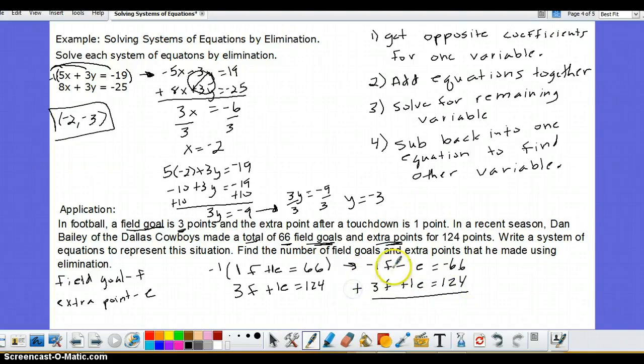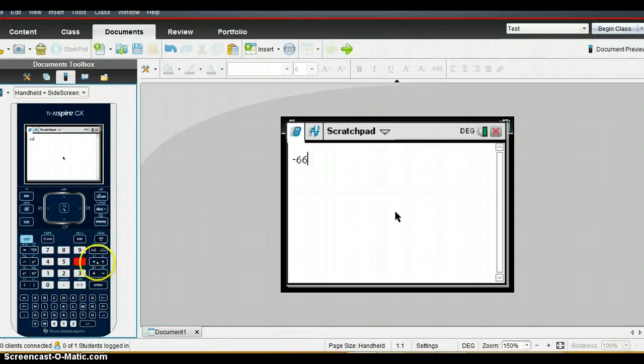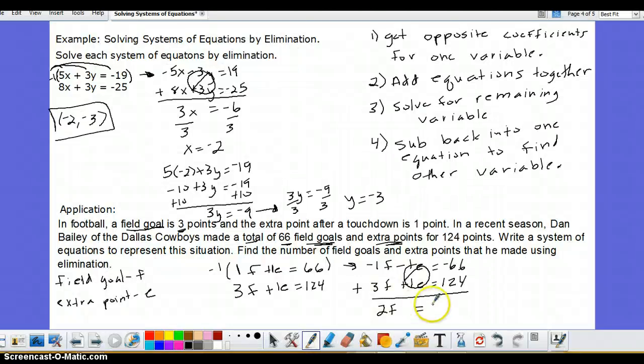Alright, now we add. -1 plus 3 is 2. -1 plus 1 is 0. -66 plus 124, if you don't know that, you've got a calculator, equals 58. So you divide by 2, and F, the number of field goals that he made, is going to be 29.